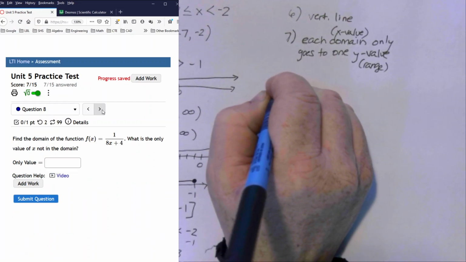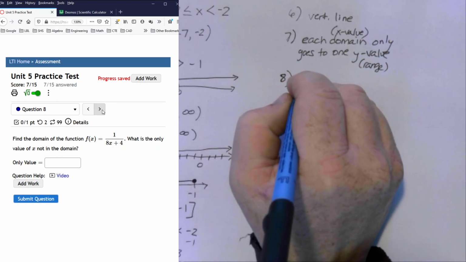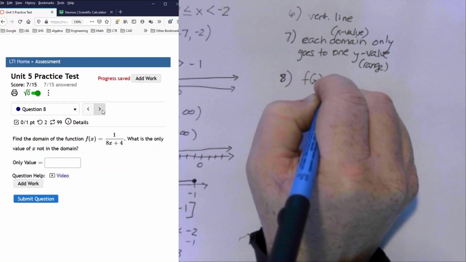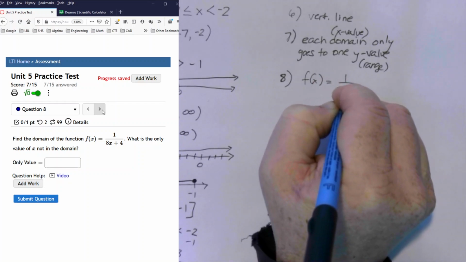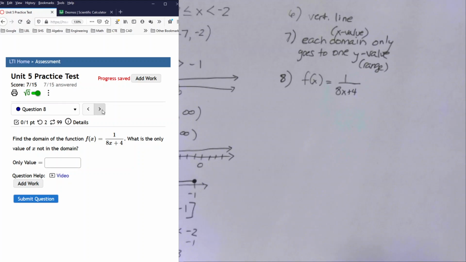Okay, number 8, we start looking at excluded values. So if I have this function, f of x, and it's 1 over 8x plus 4. Remember that the domain is all the potential values of x.